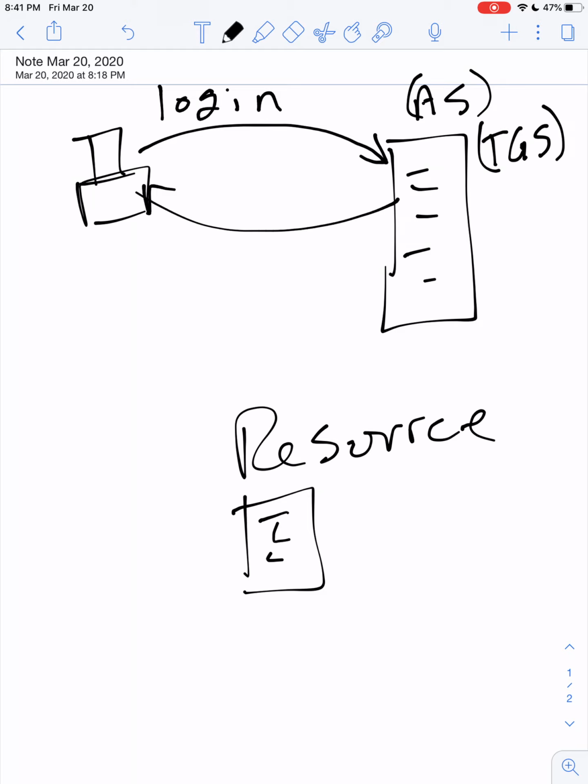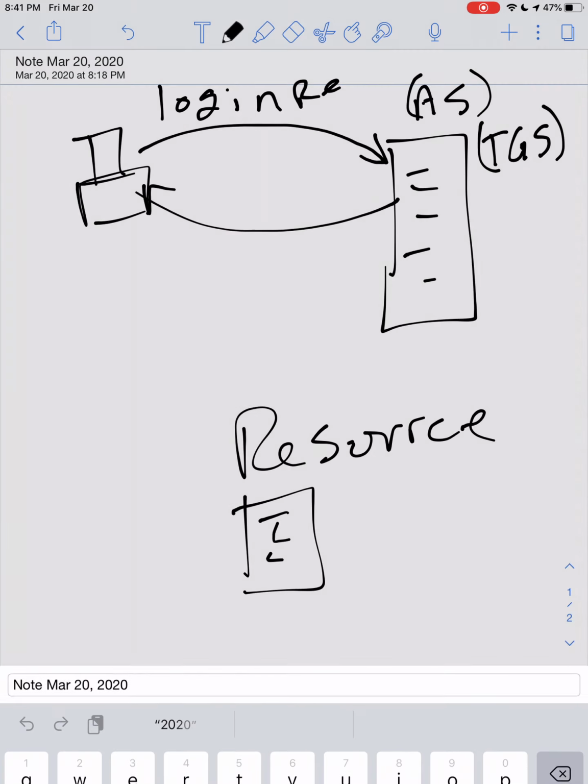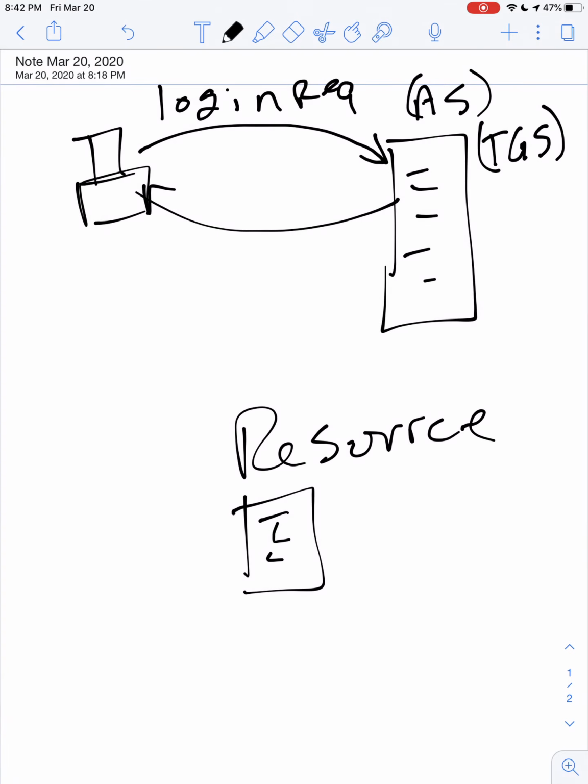You're going to send across your login request, and this is just a request. There are no credentials at this point. Your ticket granting ticket is sent back, basically saying, "Hey, log in." Your ticket granting service sends back a ticket granting ticket. At this point, you're going to send your authorization, or request authorization.